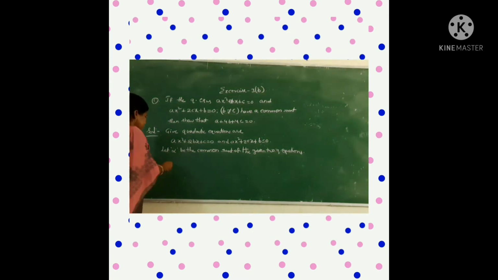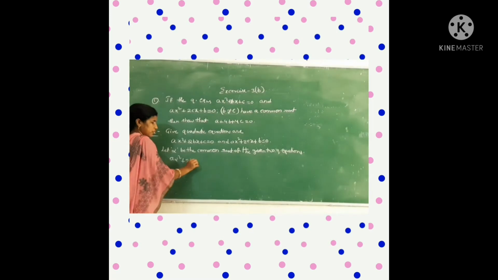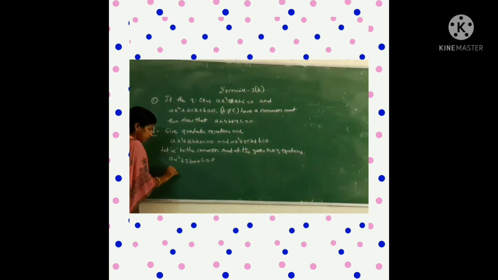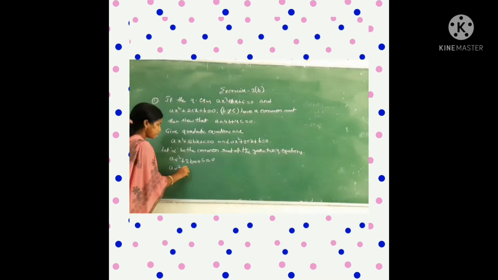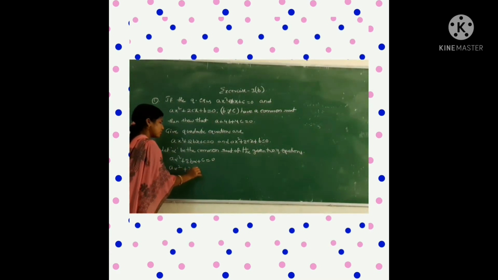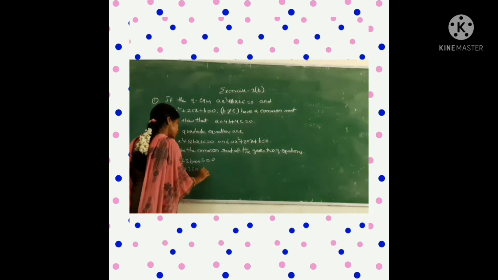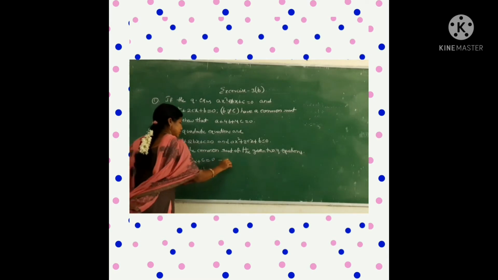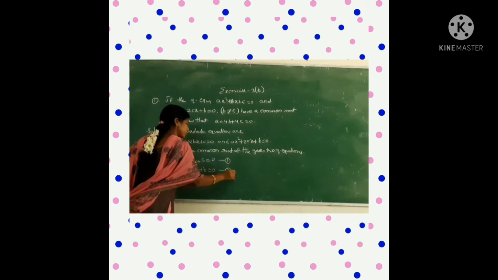Then we get a alpha square plus 2b alpha plus c is equal to 0 and a alpha square plus 2c alpha plus b is equal to 0. Understand? This is equation 1 and equation 2.